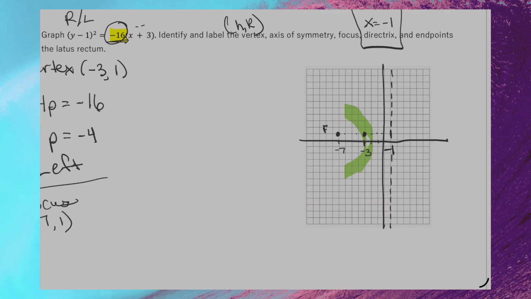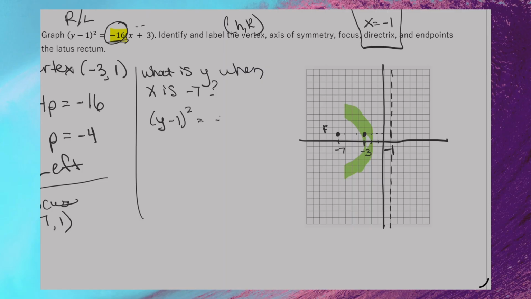How wide? Well, let's find some data points and let's use: what is y when x is negative 7, because that'll give us the endpoints of the segment that goes through negative 7. So (y minus 1) squared equals negative 16 times (negative 7 plus 3).